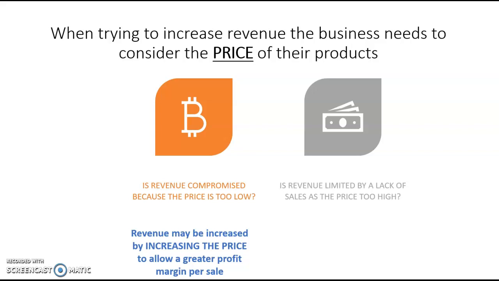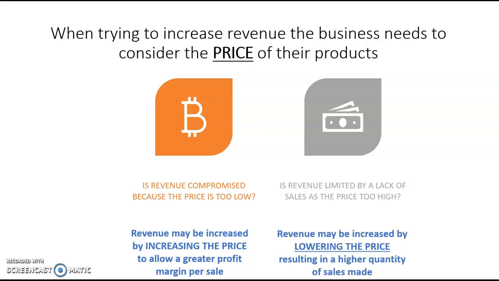Alternatively, revenue could be compromised or limited by a lack of sales because the price is too high. If this is the case, then revenue may actually be increased if we lower the price of the product, resulting in a higher quantity of sales being made.